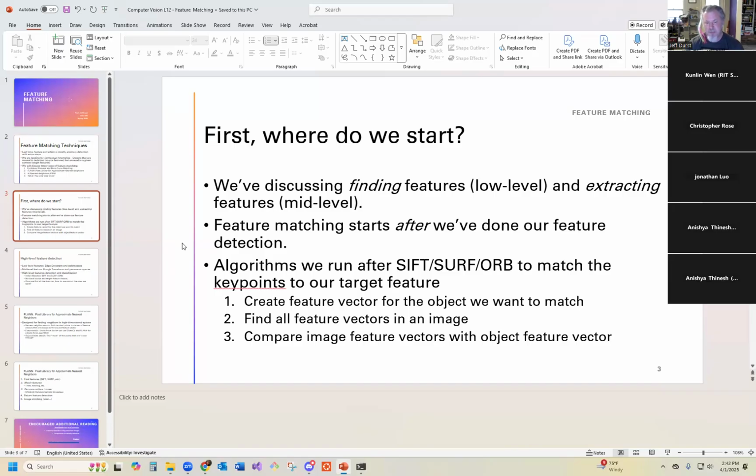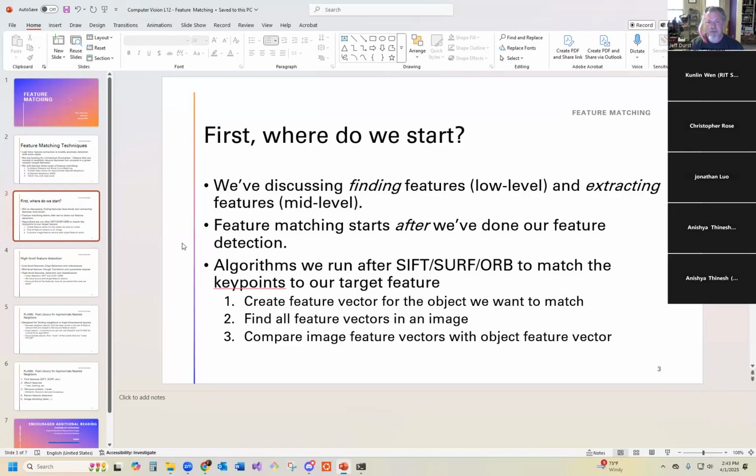To put that differently, FLANN won't extract key points. FLANN will only test your feature vector against the key points someone else has already extracted. So we have to do all of the legwork to get to a point where we can even start doing feature matching, which is understanding what we've done so far with filters, the different kinds of thresholding, and the different ways we can pick up edges and primitives.